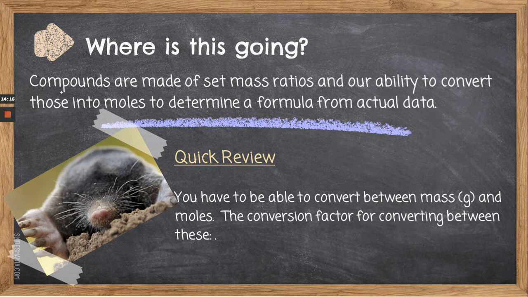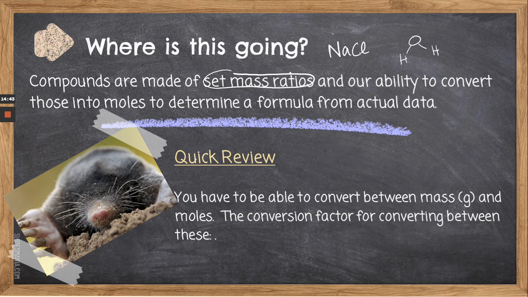But where this is going is that if we know that compounds are made of set mass ratios, so for example, if we know that NaCl is always a certain percentage of Na and a certain percentage of Cl by mass, because that is the formula, right? We can use that information, those percentages, to figure out how many grams we have in a sample.